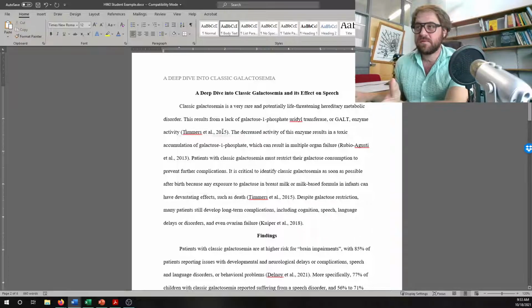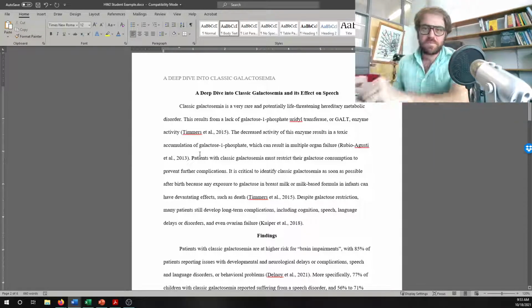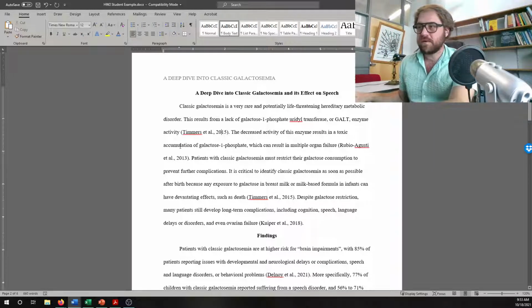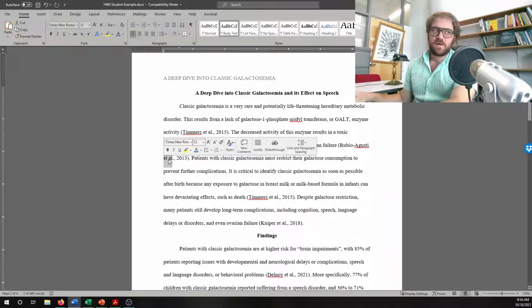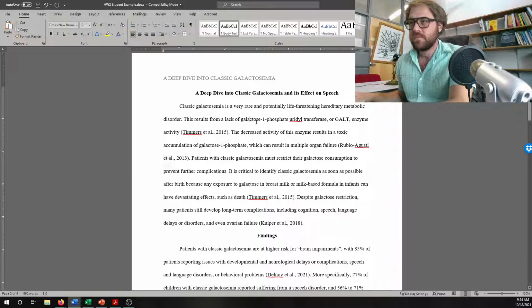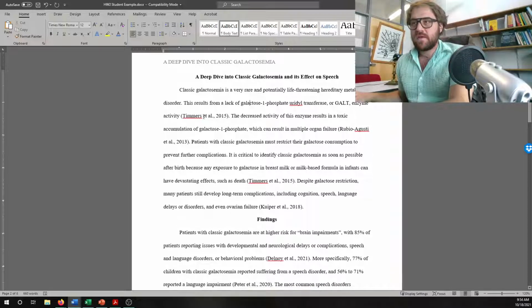Last name, date, inside of parentheses, which is how you want to cite these things. Again, down here, Rubio Augusti, comma, 2013. This et al., you're going to add that in when you have more than 3 authors. So she's citing 3 different papers here in the beginning.